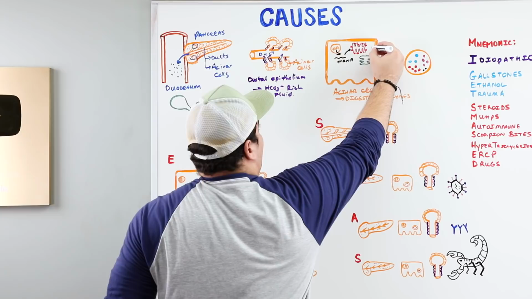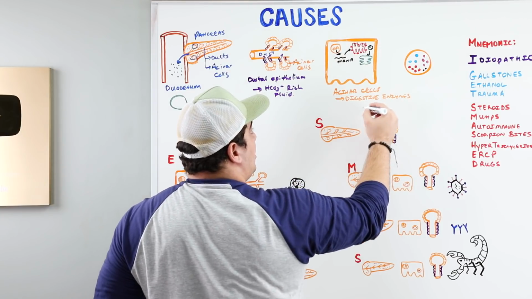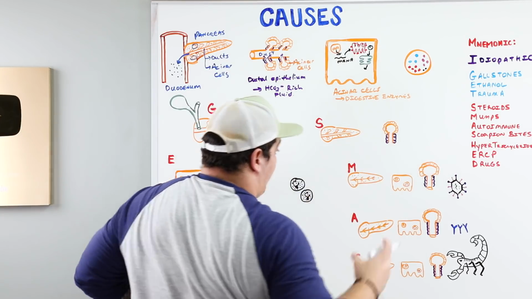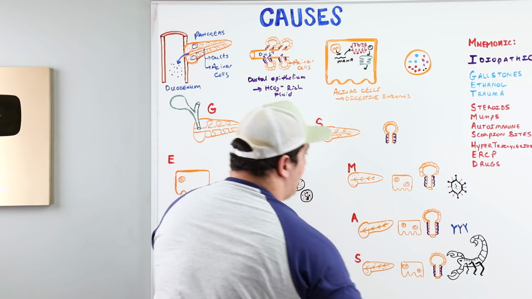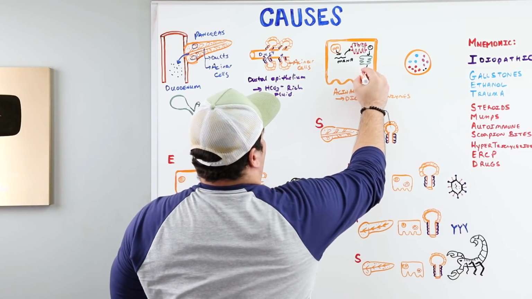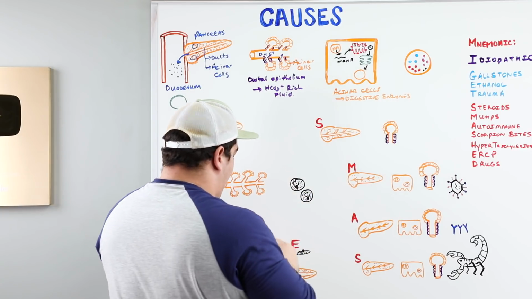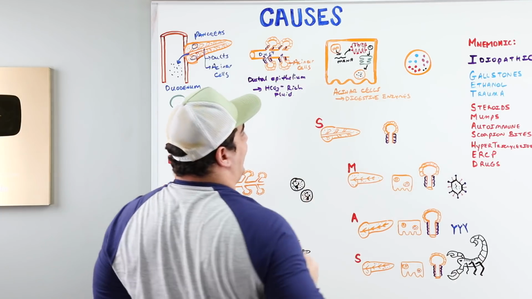Those proteins will then get synthesized into vesicles, which will then get taken to the Golgi. The Golgi will modify them a little bit and package them into nice little vesicles. So now we're going to have here a vesicle containing a bunch of different types of proteins and enzymes and things of that nature.